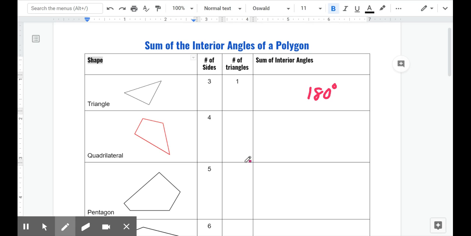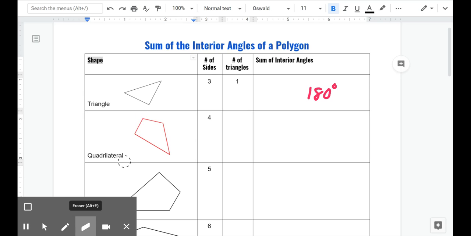Okay, now let's take a look at a quadrilateral. A quadrilateral is a four-sided shape: 1, 2, 3, 4. That's why I have a 4 here. Now, this is how you find the number of triangles. You pick any vertex, and from there, you draw triangles without overlapping your lines. Going this way wouldn't do me any good, so I'm not going to go that way.